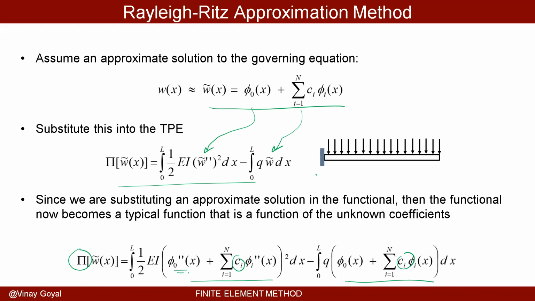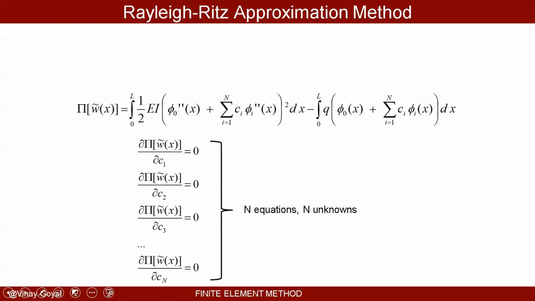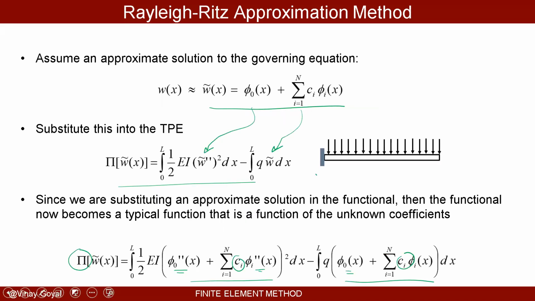But these phi's are known. These phi's are like x, x squared, and so forth. So check that out. I can just take the derivative of pi with respect to c1, the derivative of pi with respect to c2, and so forth. I get n equations and n unknowns, and then I can solve for c1, c2, up to cn. And if I know that, then I know the approximate solution to the governing equation as well.